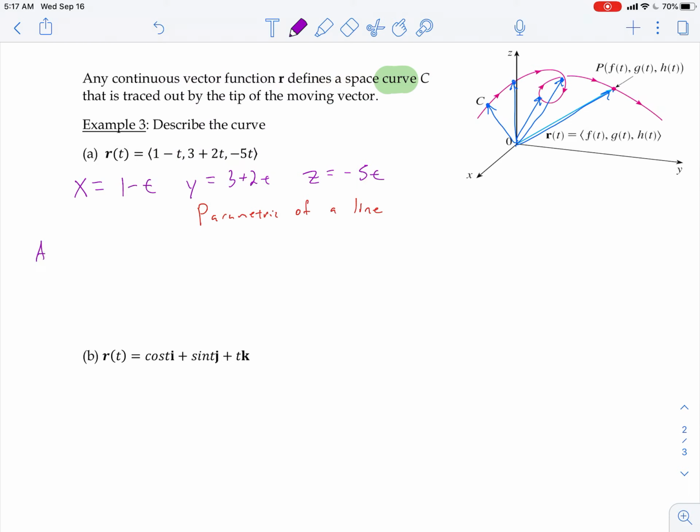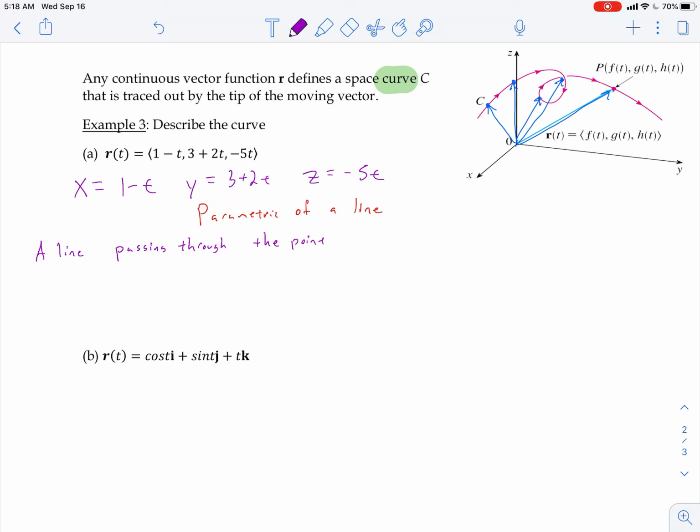Because these are parametric equations of a line, our curve is just going to be a line. We know this because we've identified this as the parametric equation of a line, going back to our previous notes. So I'm going to say it's a line passing through the point, and we have to figure out what our r sub 0 was.